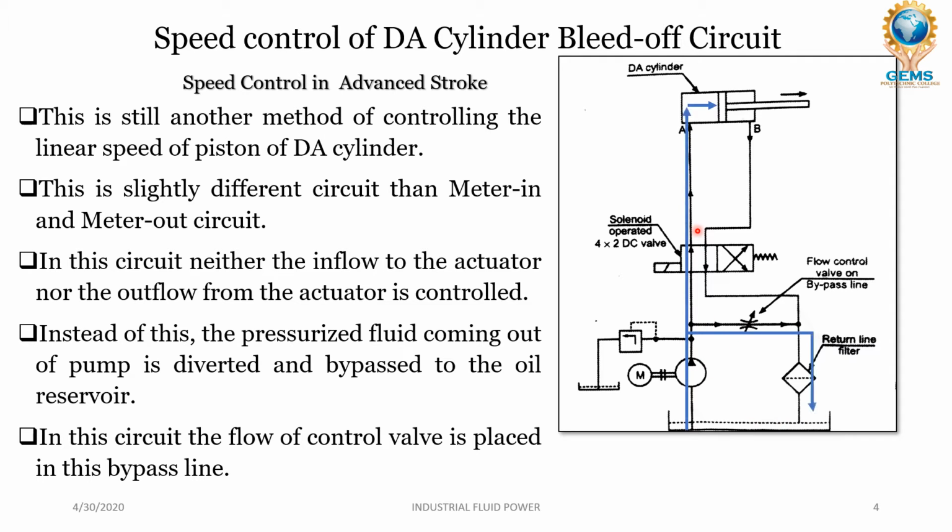Let's see how it is happening. The pressurized oil from the oil reservoir is coming from the pump. After the pump itself, it is diverted to the oil reservoir, and the remaining oil will only flow through the DC valve and to the actuator. And then this is the return line, it's coming out.